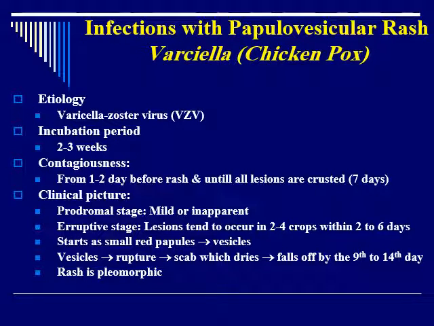The eruption appears in crops. It means groups at different times, starting with a macule, changes to papule, then vesicles containing clear fluid, then turbid fluid, then the vesicles rupture and make a crust.